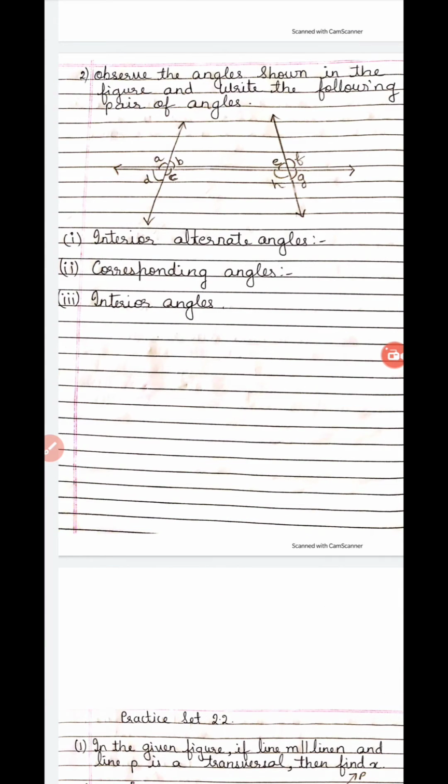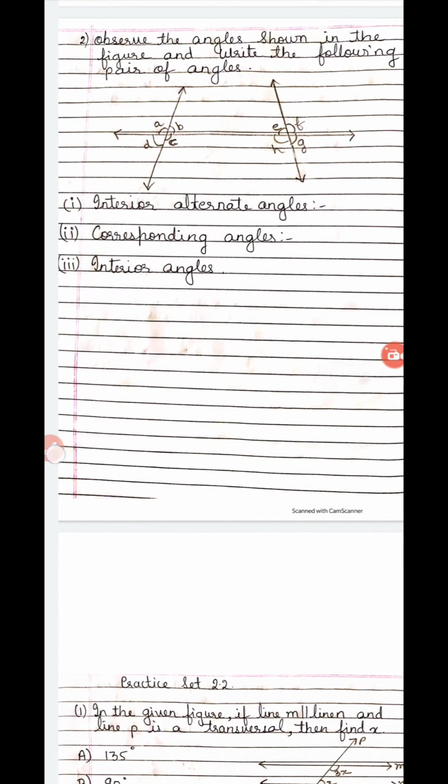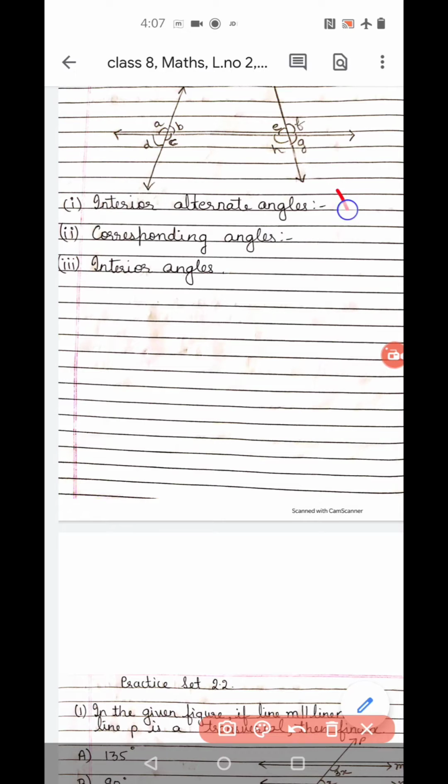A line is drawn and we have 8 angles formed: A, B, C, D, E, F, G, H. Here we have to find out the pairs of interior alternate angles, corresponding angles and interior angles. In this diagram, first we will find out interior alternate angles. So we take a Z shape.